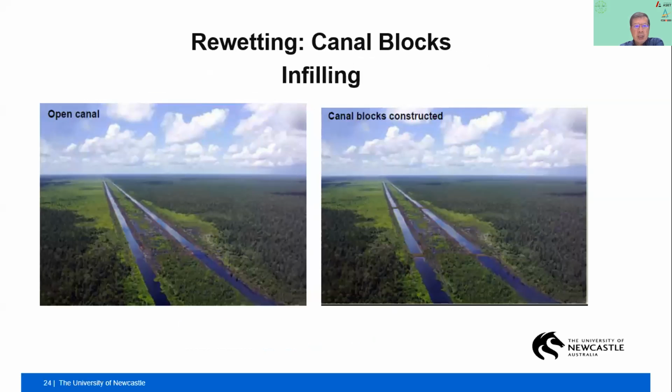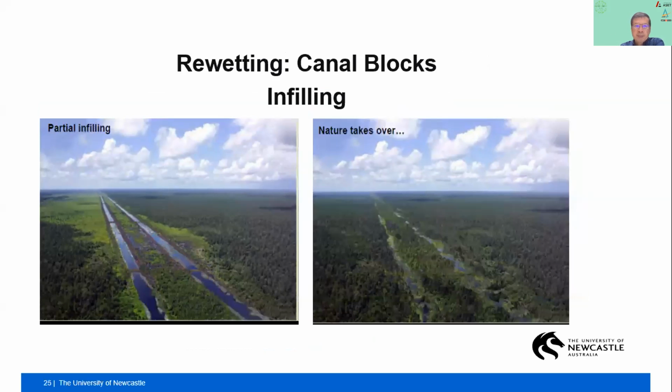Another one is, you can see the open canal in the left picture. It's just like a creek or river, very scary, right? Kilometers of this canal that is man-made to drain the peatland. So we need to block this. This is an example on the right slide of canals being blocked. And this infilling is basically filling it up with peat or soil to block it.